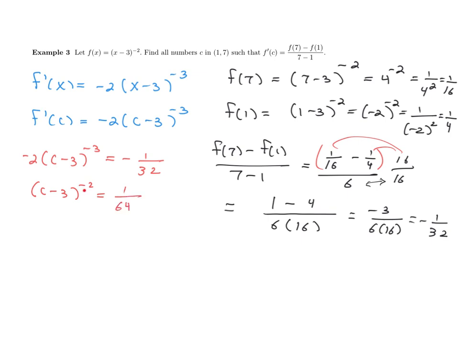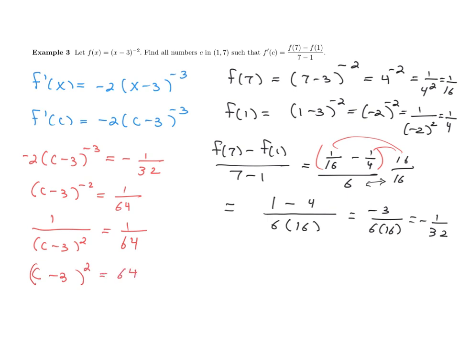This side with the negative exponent, you could write with a positive exponent like this. And if you have two fractions equaling each other, you can flip both of them. So if I flip the fractions on both sides, I get (c minus 3) cubed is equal to 64.